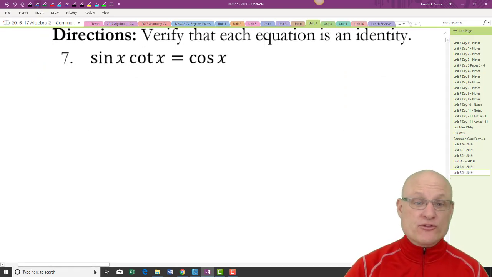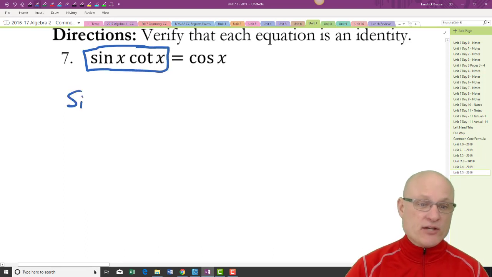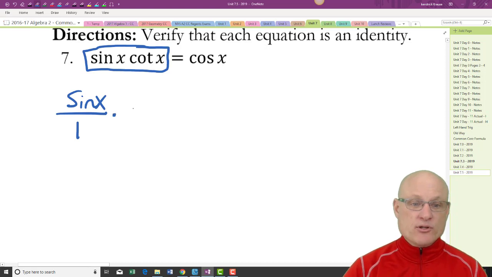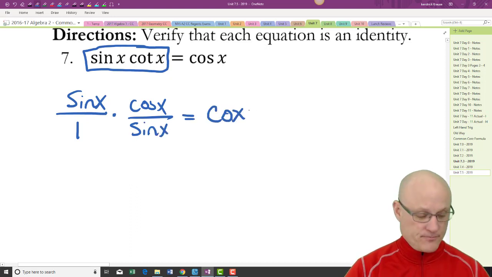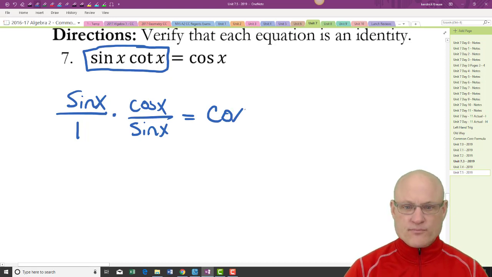So same rules. This is the more complicated side, so we're going to mess with this side. I'm going to change it, same as I did before. Sine x over 1 times cosine x over sine x, and I need to prove that that's equal to cosine x.